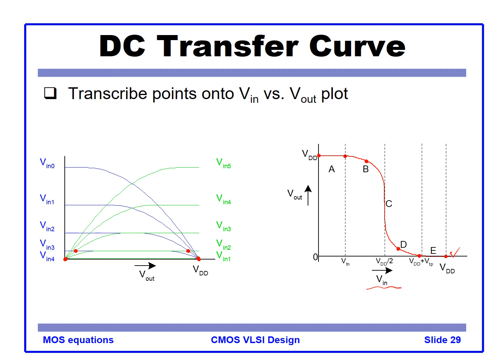But you can notice that in each section, A, B, C, D, E, the PMOS and NMOS have a different operating point, operating region. So we will determine how these points are related to the NMOS and PMOS operating regions.